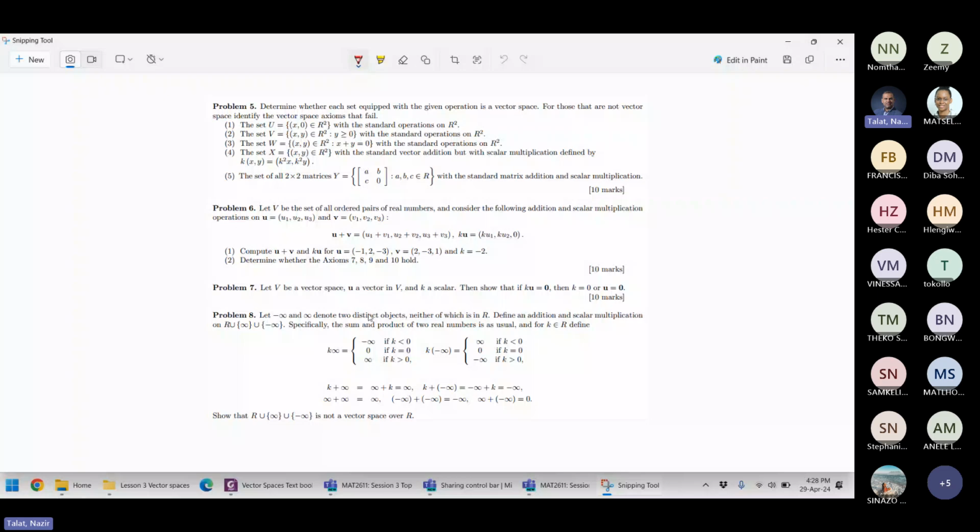R is a vector space, but if we add the infinities, it makes a problem. The operations are available here: k times infinity is available, where k is positive, negative, or equal to 0. Along with these operations, scalar multiplication and the infinity additions and minus infinity additions are available, and the relations are available here.